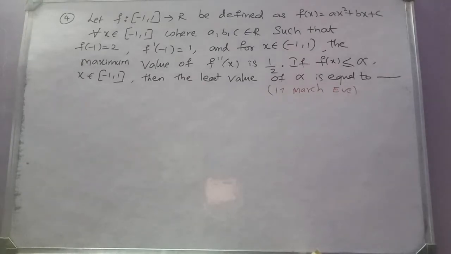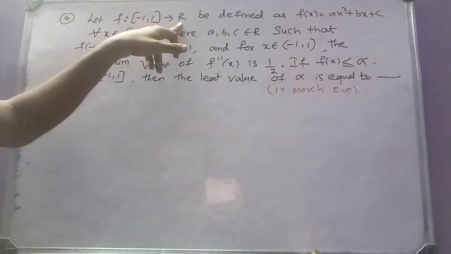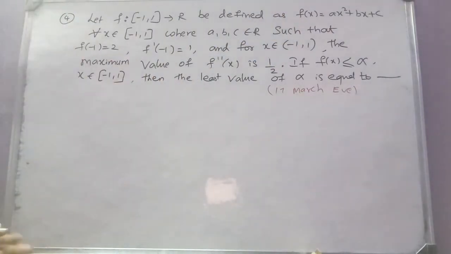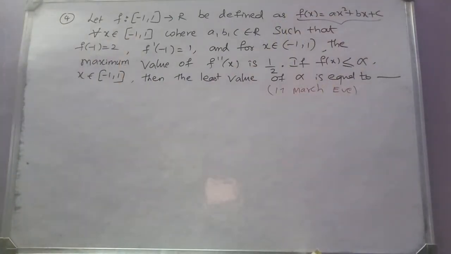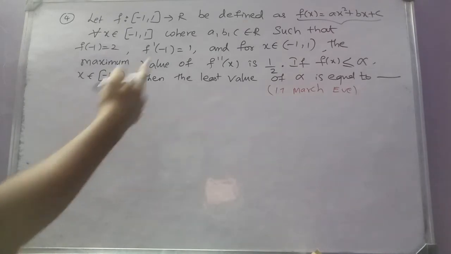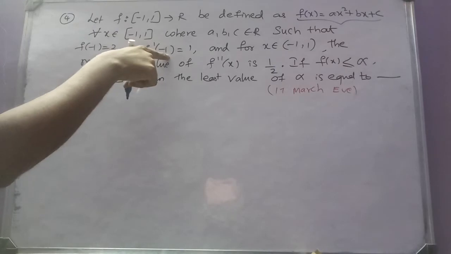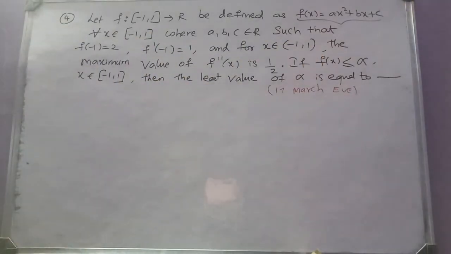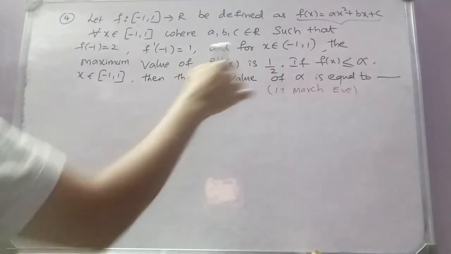So the next question: let f be a function such that the domain is minus 1 comma 1 closed, and the codomain is the real numbers, defined as f of x is equal to ax square plus bx plus c for all the domain, where a, b, c are real numbers, such that f of minus 1 is equal to 2 and f dash of minus 1 is equal to 1, and for x belongs to minus 1 comma 1, the maximum value of f double dash of x is 1 by 2.